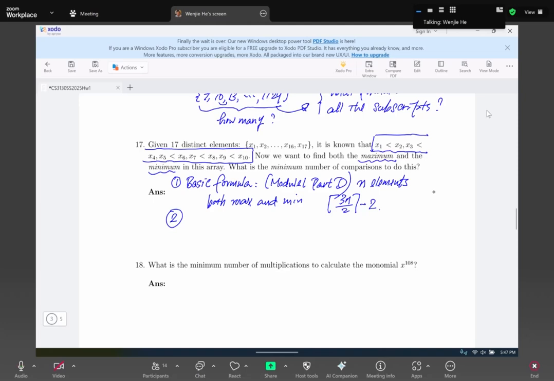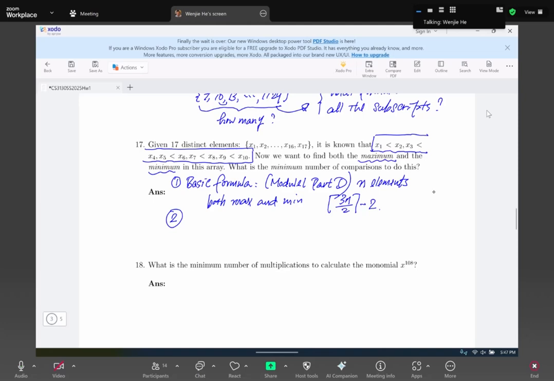The first step, remember last time in last lecture, this past Monday, I mentioned one important problem solving strategy. Here we can use that strategy. What's that strategy? We can modify the given problem slightly to make it easier.